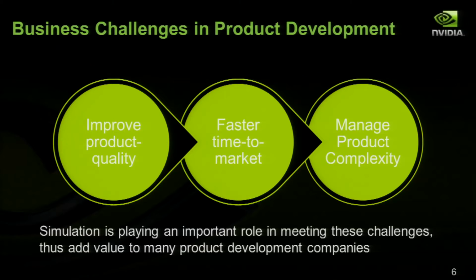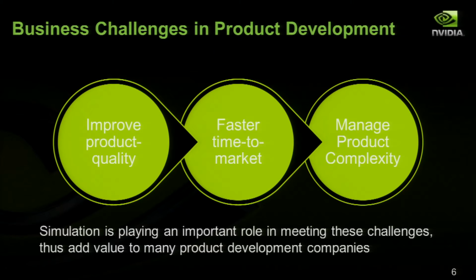And what's also important is that you want to do it faster than your competitors. So going to market quickly with a quality product is also important. And the products are becoming more and more complex. So how do you manage this complexity is another challenge the businesses are facing.